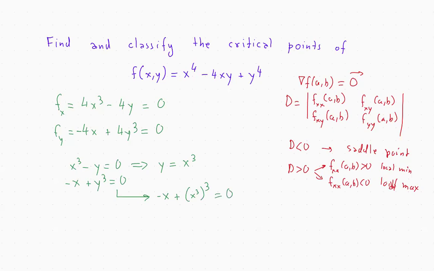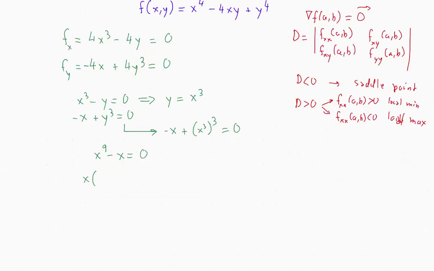Let's solve this equation. We need to factorize it as much as we can. So this is x times x to the 8th minus 1 is equal to 0. Now x to the 8th minus 1 can be written as x to the 4th minus 1 times x to the 4th plus 1, the identity of difference of squares.